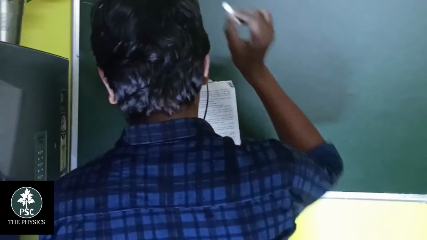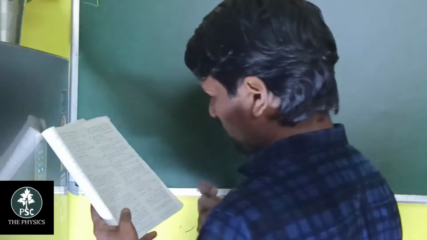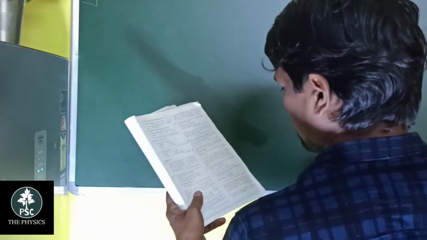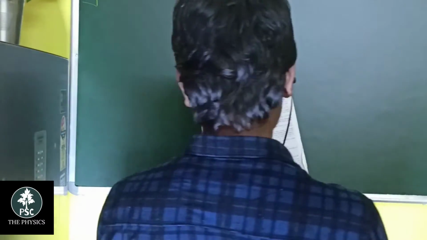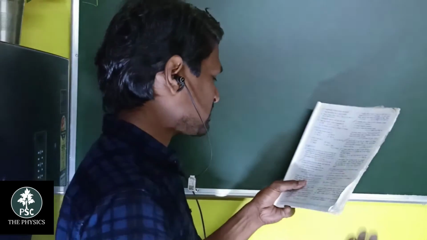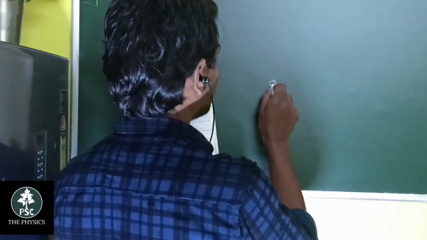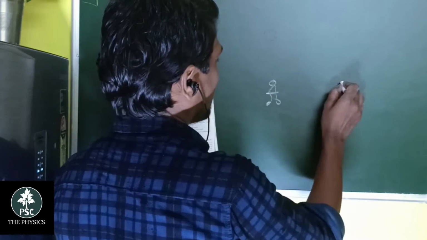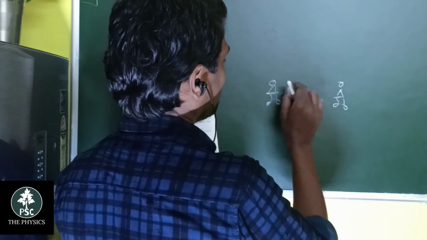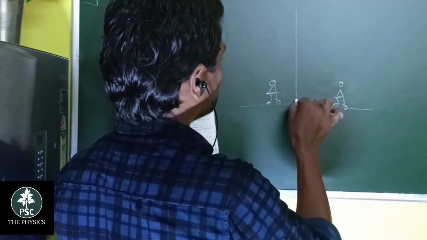Question number 3. It takes 20 seconds for a person A to climb up the stair, while another person B does the same in 15 seconds. Compare the work done. So this is A and this is B, and they climb up a stair.